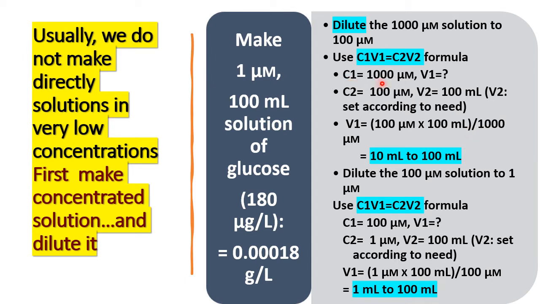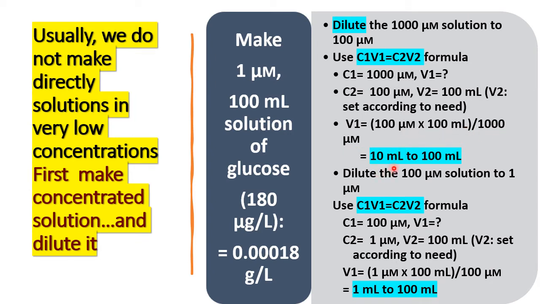It is the C1 concentration we have, and V1 we want to find out. I also put the units here so that we can cancel out the units to get the correct units in the end. Here, this micromolar will be cancelled out by this micromolar, and what is left is milliliters, and the answer is 10 ml.